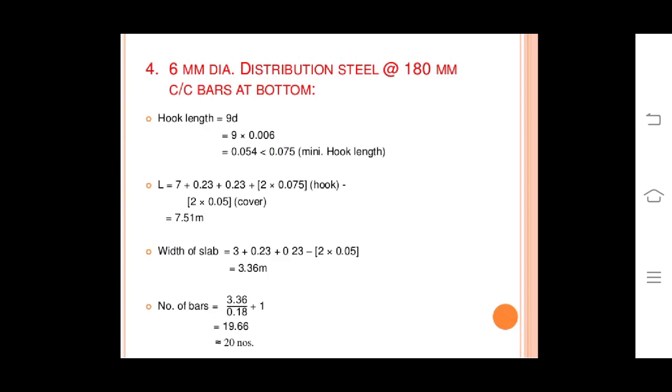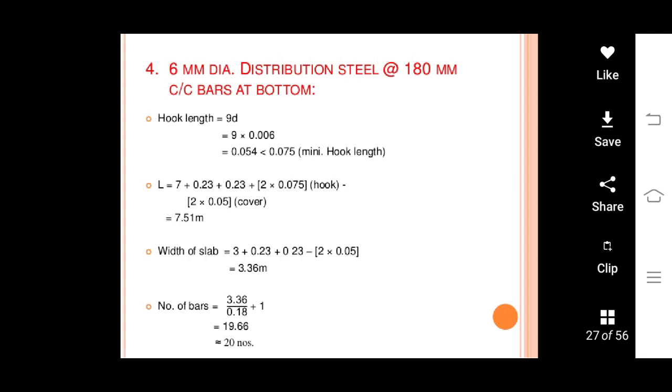The total length can be calculated by addition of 0.23 from both sides plus hook length from both sides, which is equal to 7.51 meter. Width of slab is equal to 3 plus 0.23 plus 0.23 minus 2 times cover from both sides, which will give the total length of 3.36 meters.